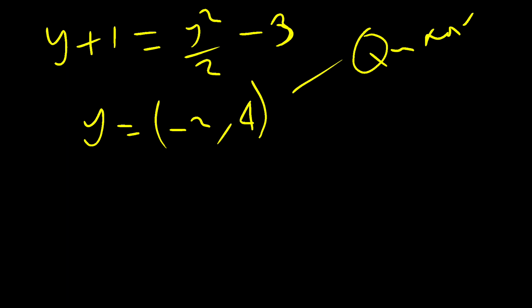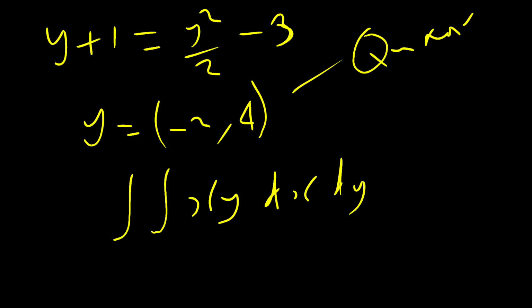That means in our calculation, we need to get the double integral using Fubini's theorem of xy. The region is xy. We can say the arrangement follows dx dy. Remember, what matters is just the arrangement here.